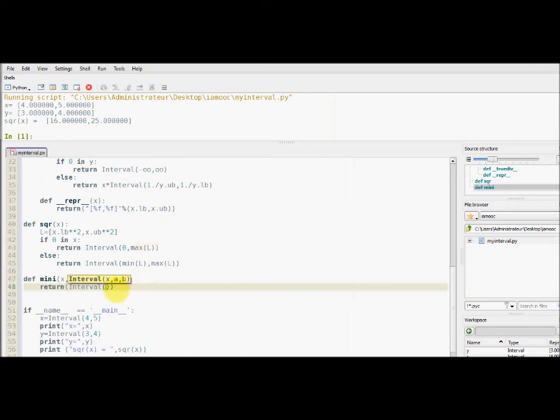So minimum of x dot lower bound, x dot upper bound, excuse me, y dot lower bound, and I will do also the same, but with the upper bound.